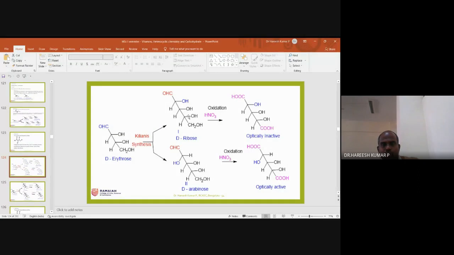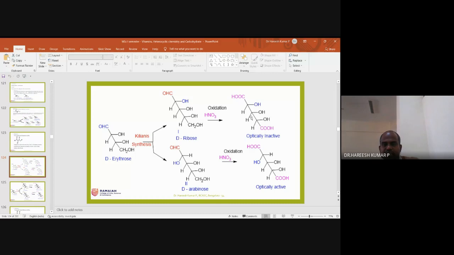Both ribose as well as arabinose, when subjected to oxidation, the aldehydic functional group as well as the primary alcohol are converted into carboxylic acid. And here there is a plane of symmetry.